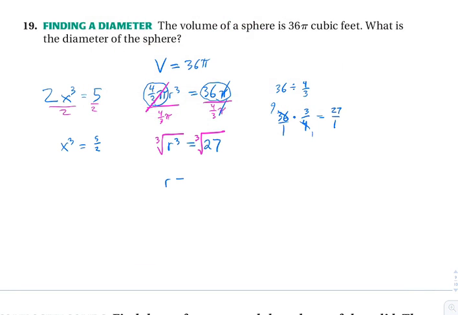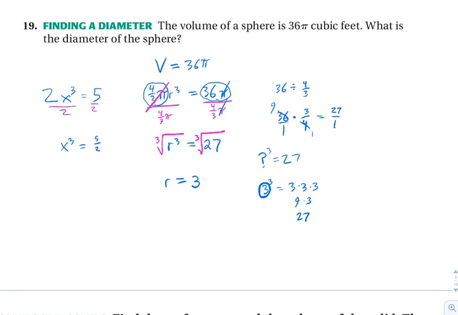But this is asking what to the third power is 27. I happen to know that 3 to the third is 3 times 3 times 3, or 9 times 3, or 27. So the third root of 27 is 3, just from past experience. But you could plug that into a calculator.